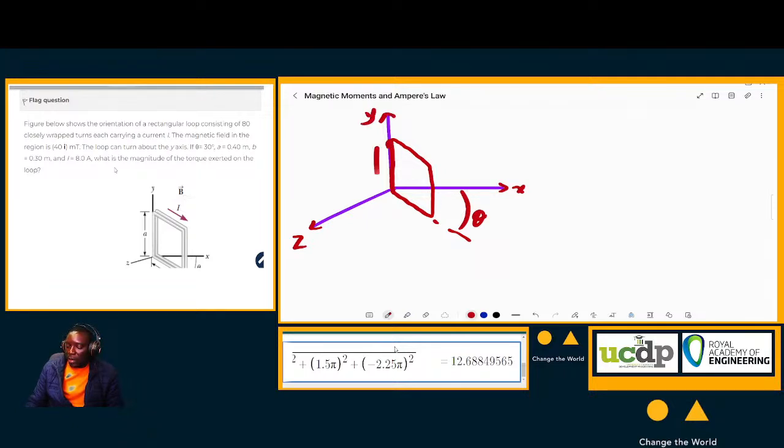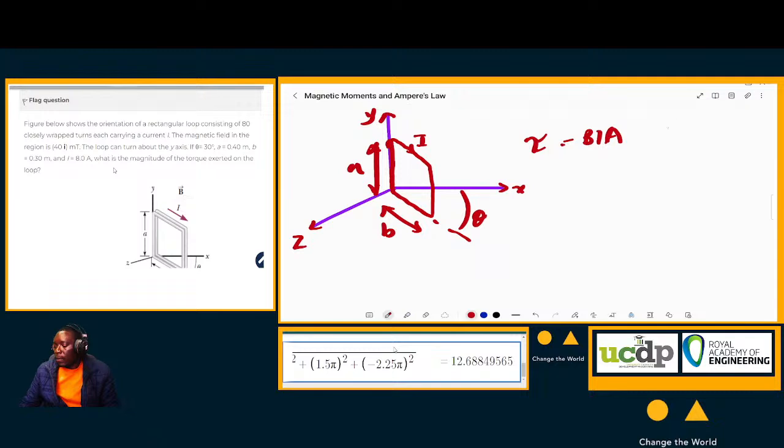One side has size A, the other side has size B. Then the current flowing right around the loop is I. So the same thing will apply for us to get torque. We want the magnitude. So we know theta. So we say B I A sine theta. So what is theta?